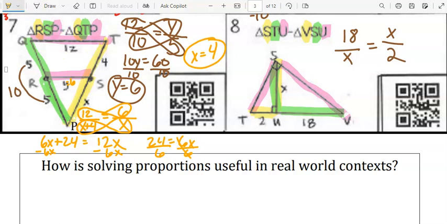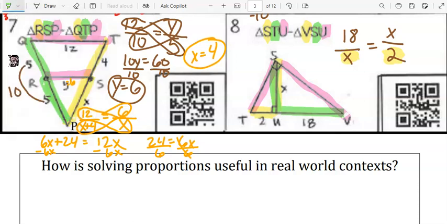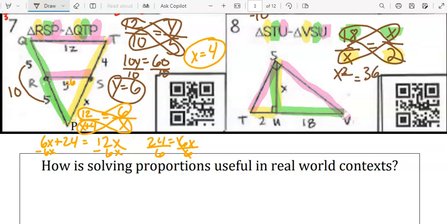The bottom numbers are what was highlighted in yellow, and the top ones were what was green. Let's cross multiply. x squared equals 36. Square root each side. x equals plus or minus 6.